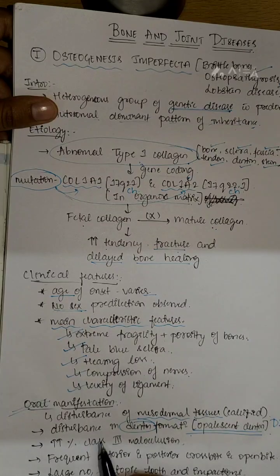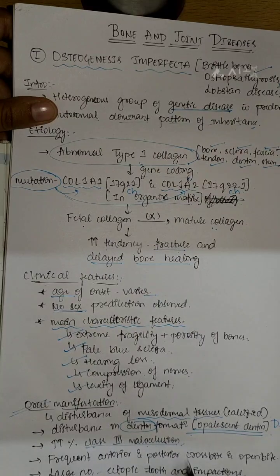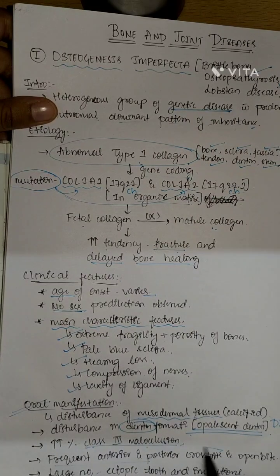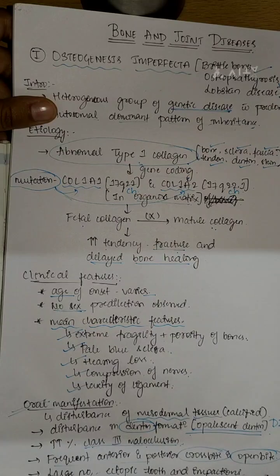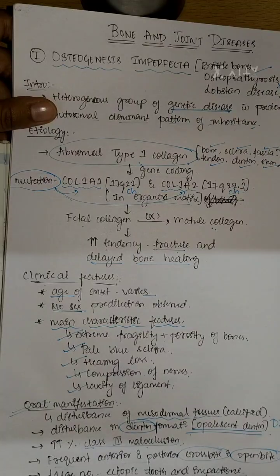There is also greater chance of class 3 malocclusion, and there is frequent anterior and posterior crossbite and open bites present. There are also a large number of ectopic teeth and impactions seen in these patients.